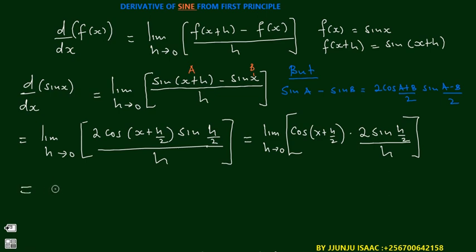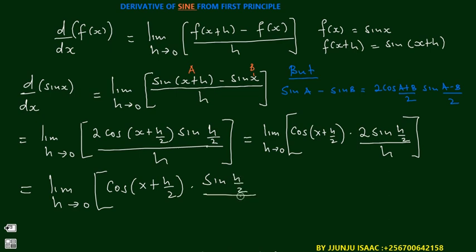So I'll get limit as h tends to 0 of cos x plus h over 2 times, now this one can as well be written as sine h over 2 over h over 2.